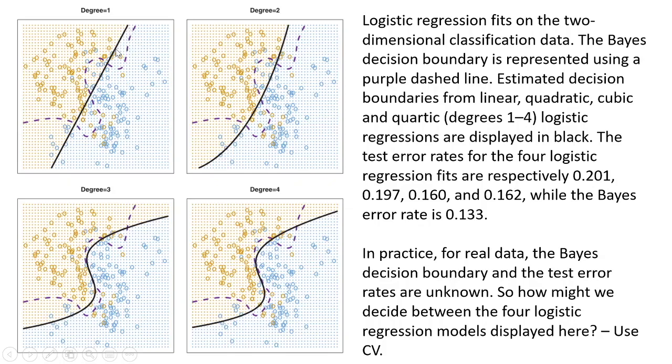The logistic regression is given by the black solid line here, and you can see that it is not flexible enough and is not able to capture the boundaries really well. There are a lot of errors here, so no wonder the test error rate is very high, 0.2, compared to the others.